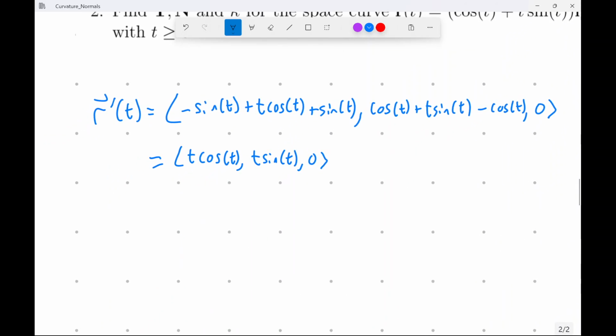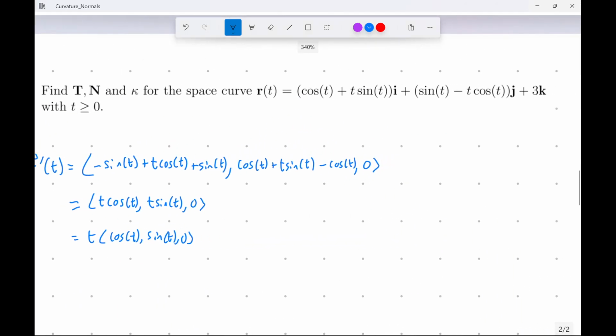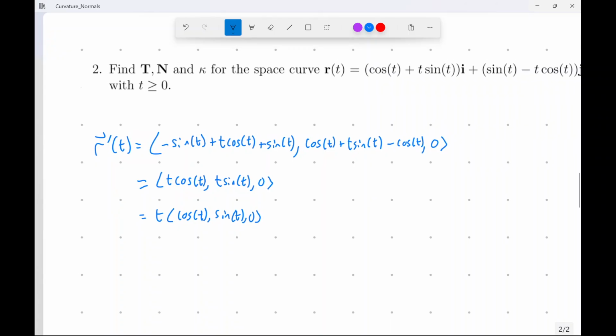Okay, and then I'm just going to factor out that t because it'll make things easier later. Whenever I see something in all of my terms for my vectors here, it's always a good choice to factor them out. Okay, so we did that.